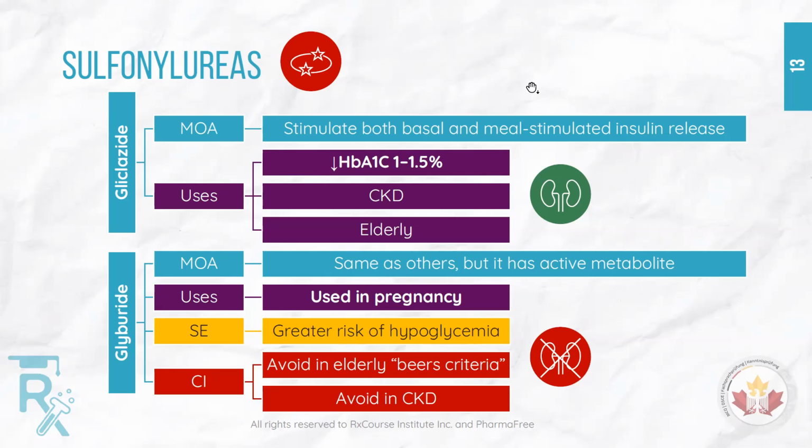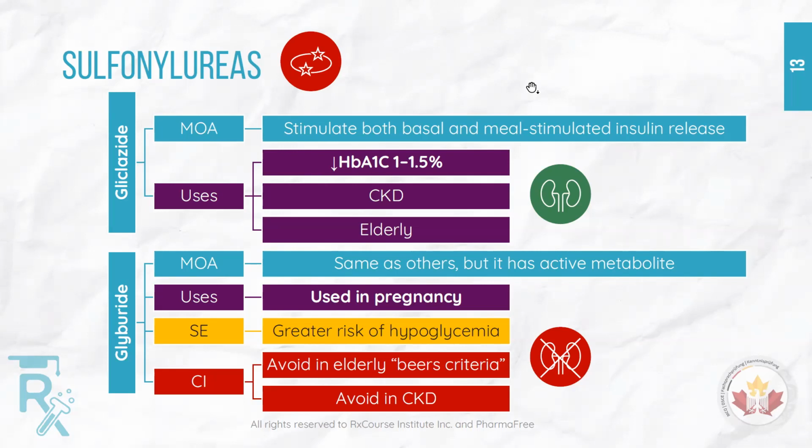But if we come to differentiate between two popular members of the sulfonylureas, which are gliclazide and glipizide, we will find that gliclazide is preferred in chronic kidney disease. However, glipizide is contraindicated in chronic kidney disease. This is something important to remember.